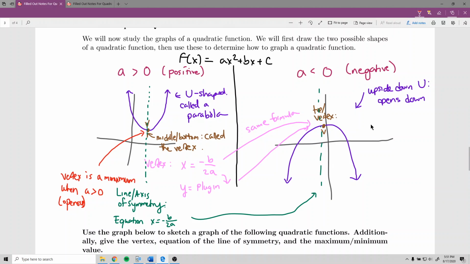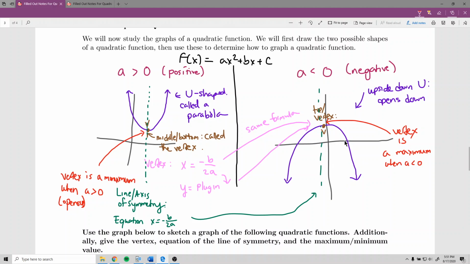Right, so everything's the same except that because it opens down instead of up, the vertex is at the top. The vertex is at a maximum. Right, and if you think about A being negative, opening down, upside down U, there would be the top of the graph.